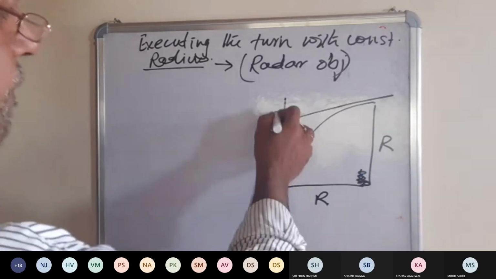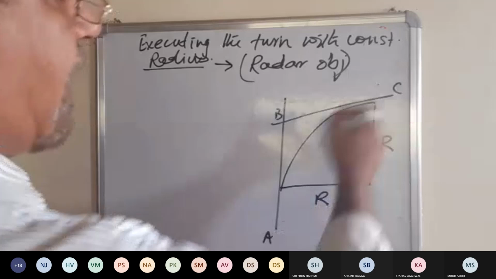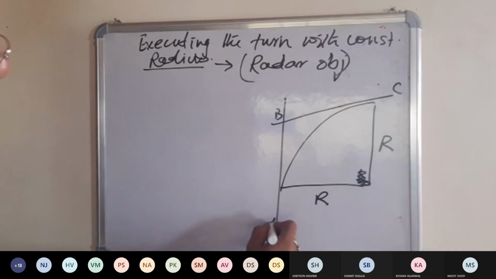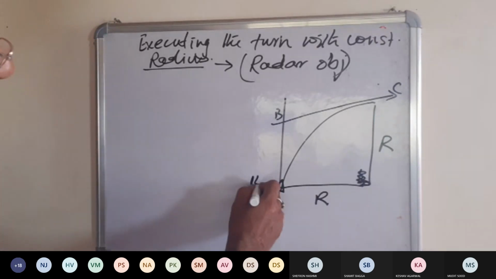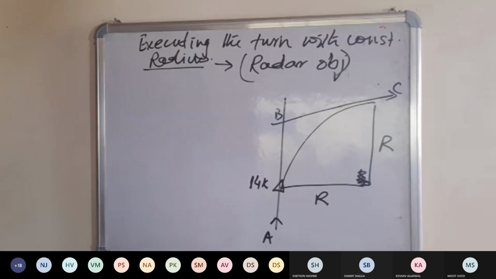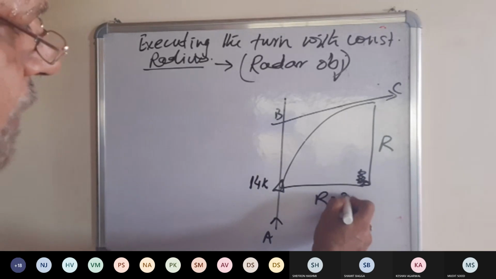We have AB, we have BC, initial and final course. When the vessel is here, let us say the speed is 14 knots. The radius is 2 miles.